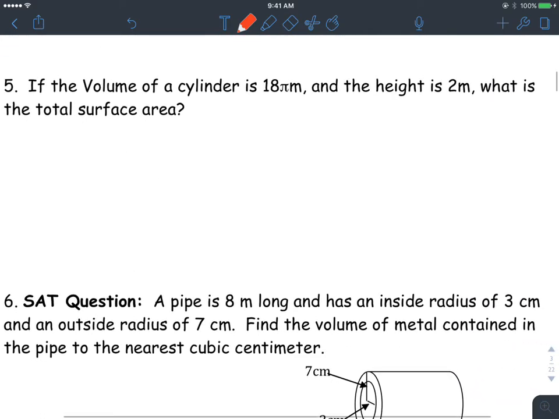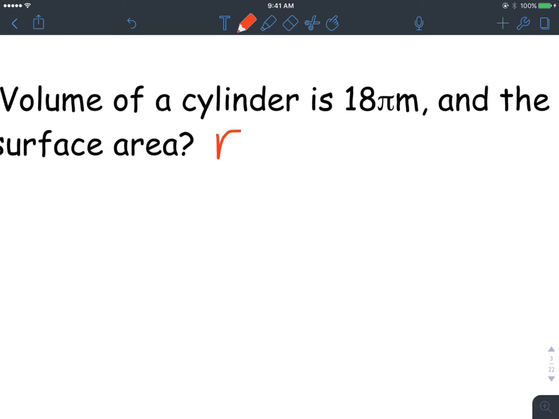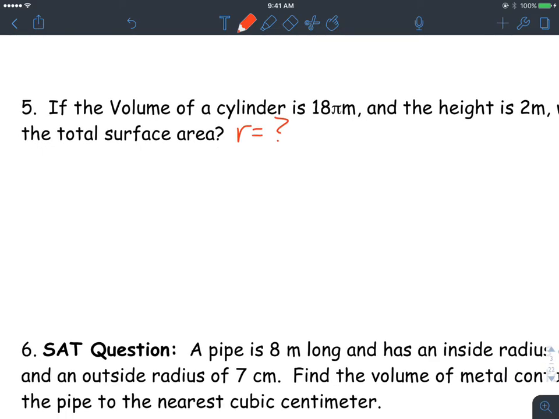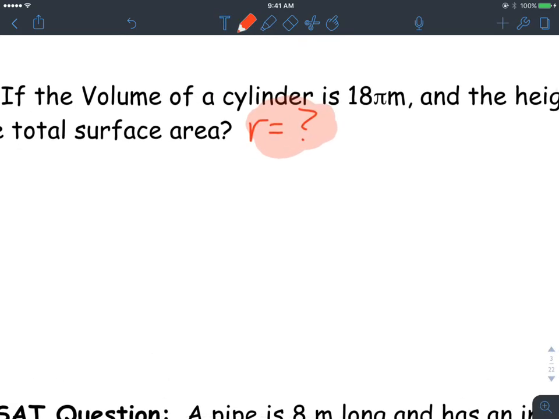Okay. Number 5, this is another one where we need to work backwards here. Notice they give us the volume of a cylinder, they give us the height, but they didn't give us the radius. So we're not quite sure what that is. And then they're asking us to go back and find the total surface area. Now it's going to revolve around not knowing the radius, so what we need to do is find that radius.